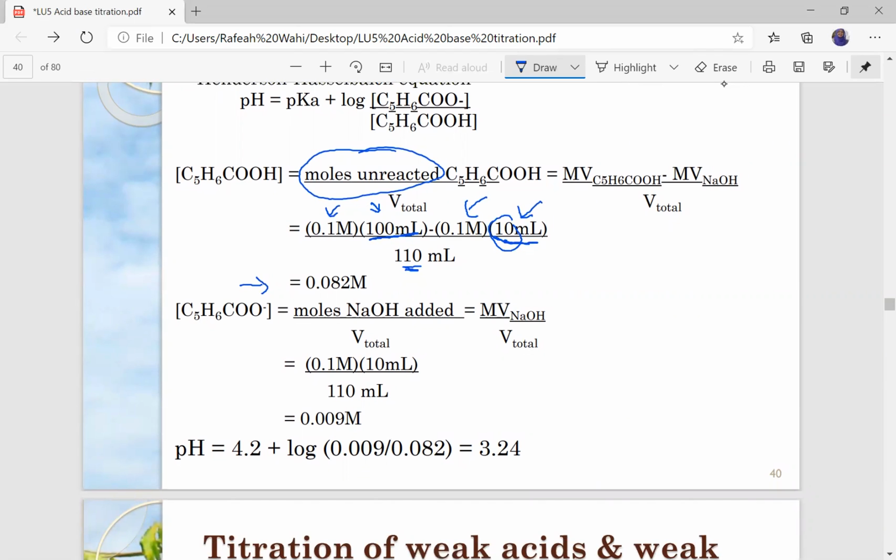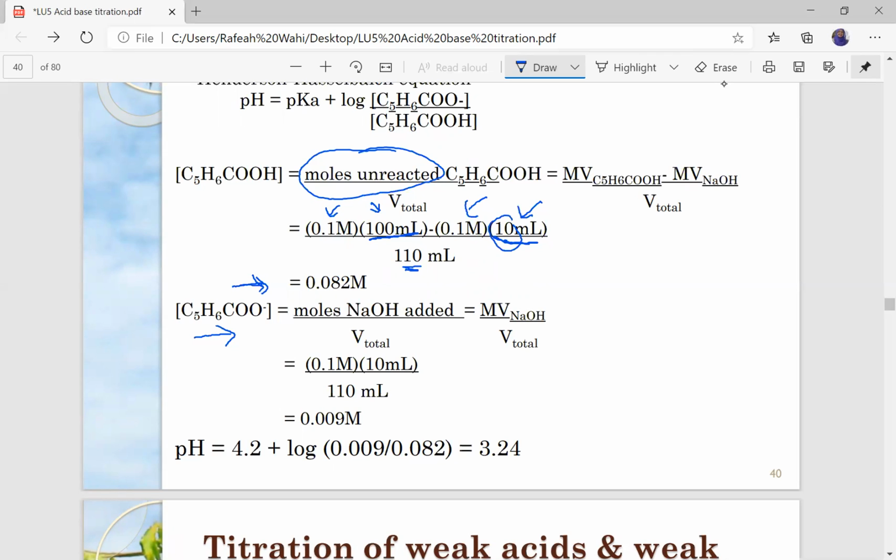Right. So the excess of hydronium ion and the excess of conjugate base. The conjugate base here, which is the benzoate, is the moles of NaOH added divided by the total volume. So you have MV here, 0.1 times 10 ml divided by 100 ml, and you get 0.009 molar.